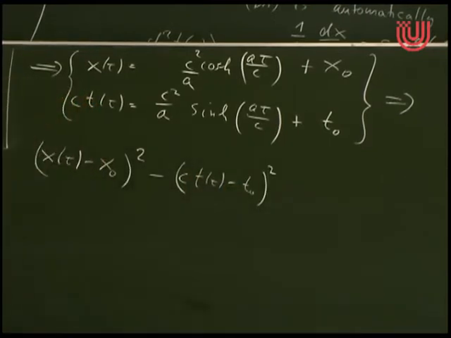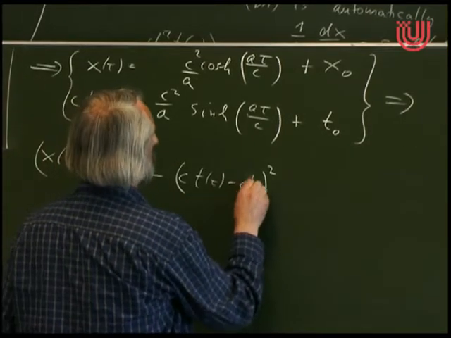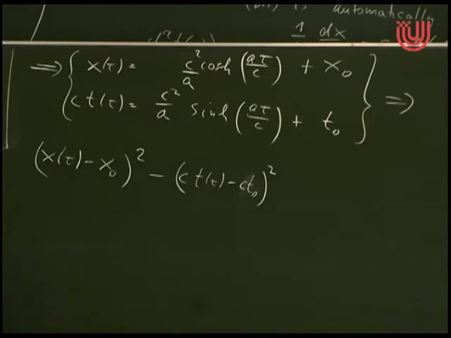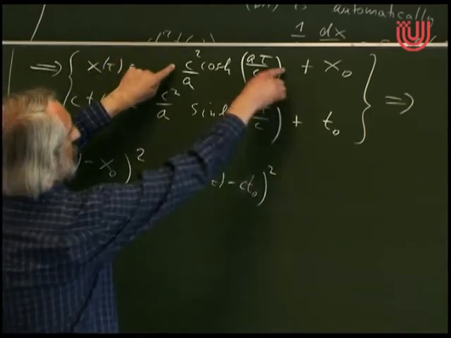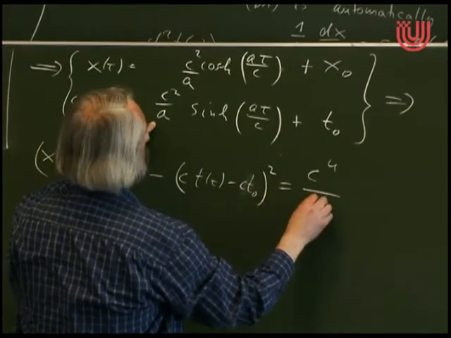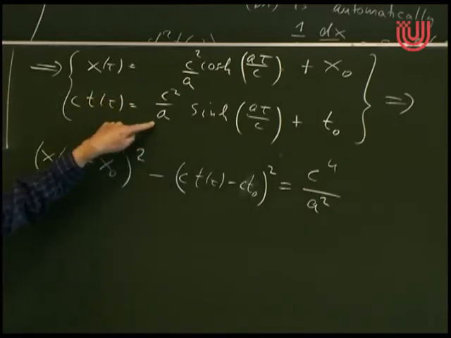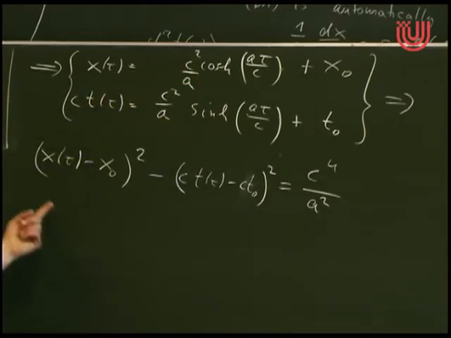I have c, of course, also here. So then I have this expression squared minus this expression squared, and this is just c to the 4 over a squared, multiplied with cosh squared minus sinh squared, which is 1. And now I think you see that this is a hyperbola.